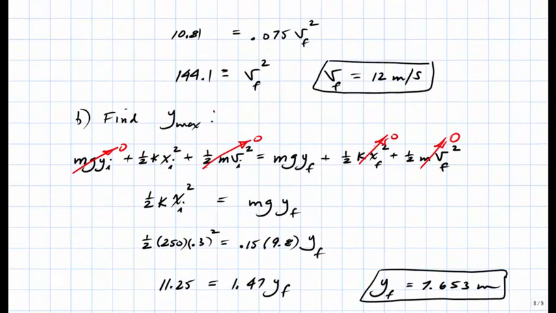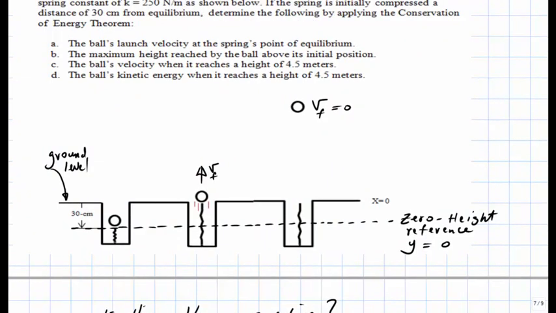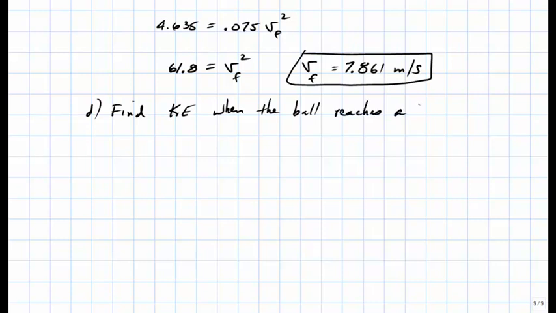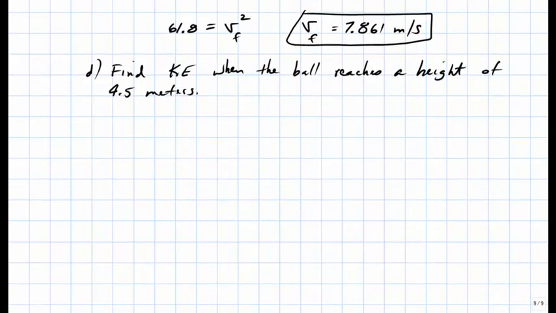Finally, in part D of the problem, we want to determine the ball's kinetic energy when it reaches a height of 4.5 meters. And in order to make that determination, we just need to rely on the kinetic energy equation.